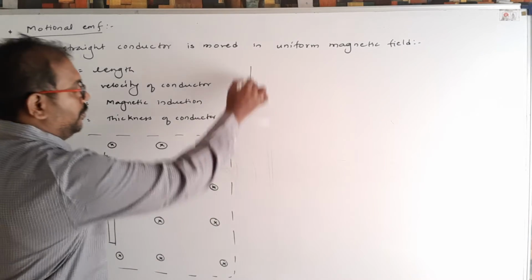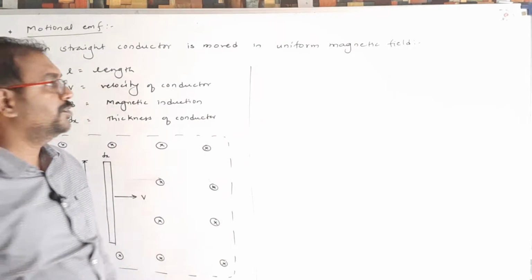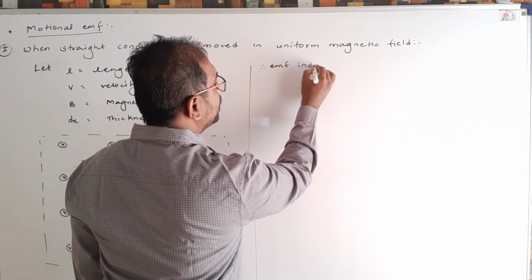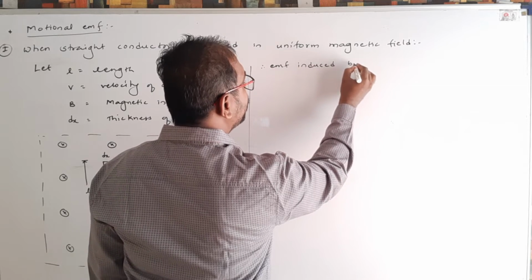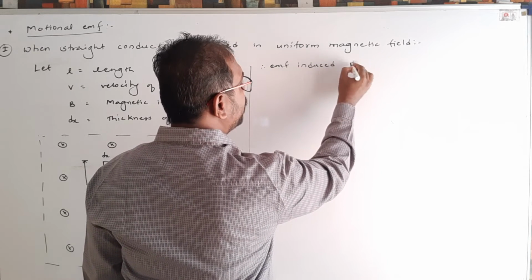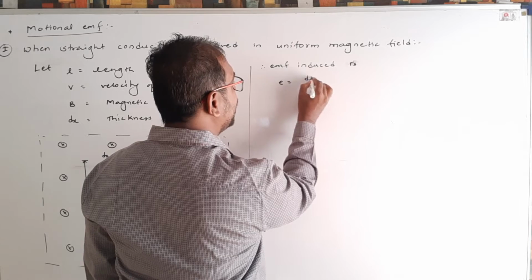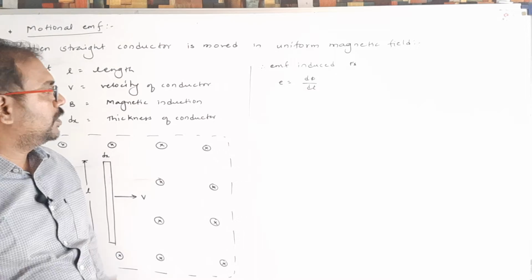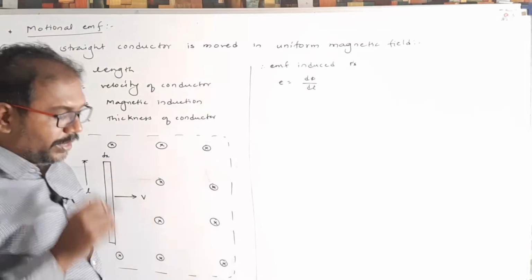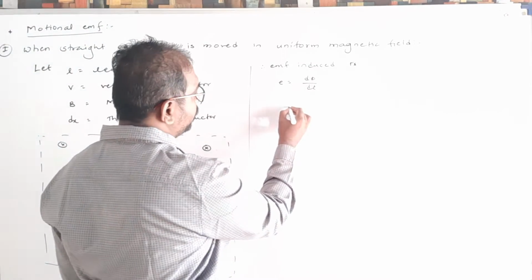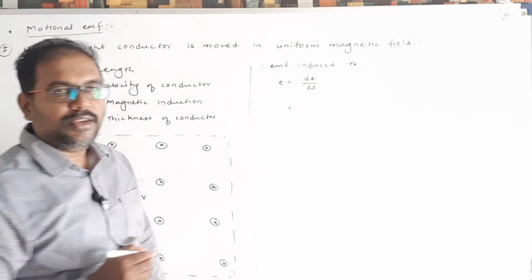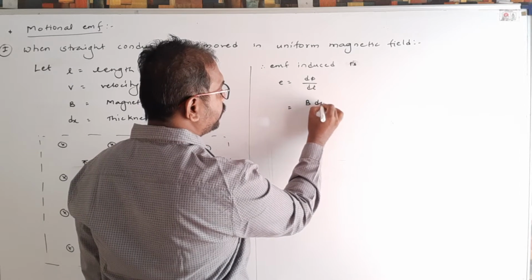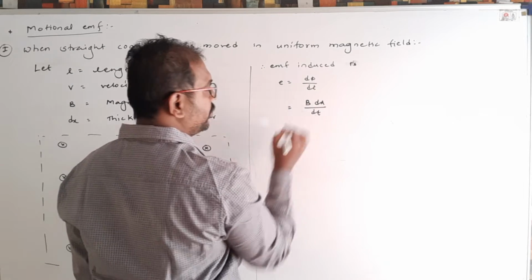Now here we have a formula of EMF induced that we use. Hence, EMF induced is, by Faraday's law, E is equal to, I am considering the magnitude here, d phi by dt. So this is the formula. Now d phi we can write as B into dA divided by dt.